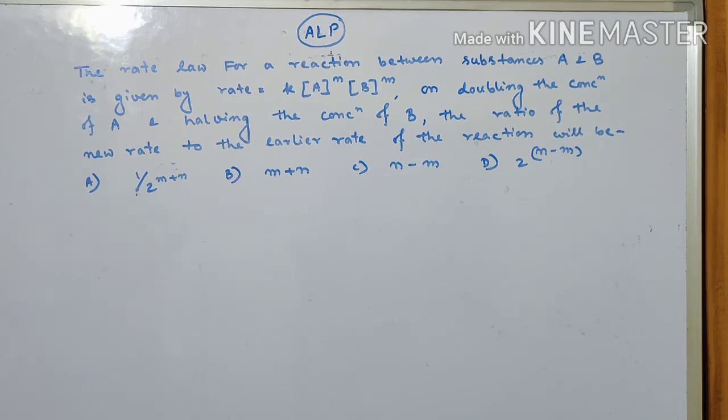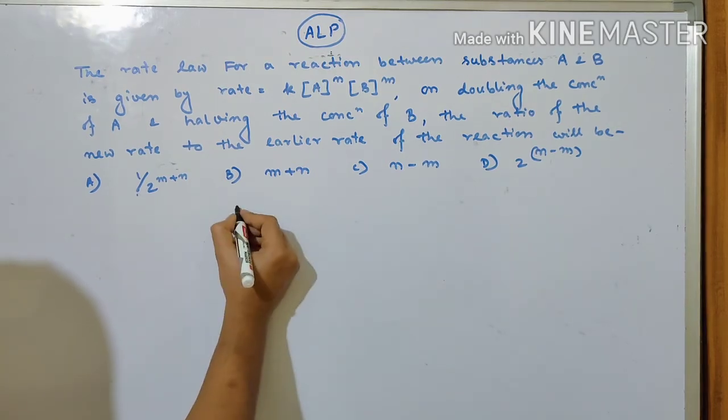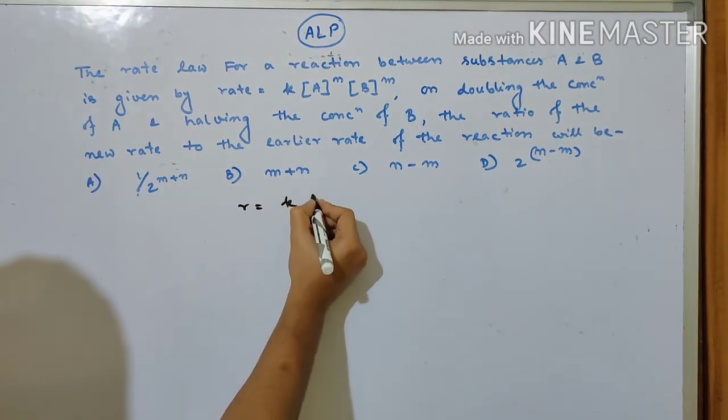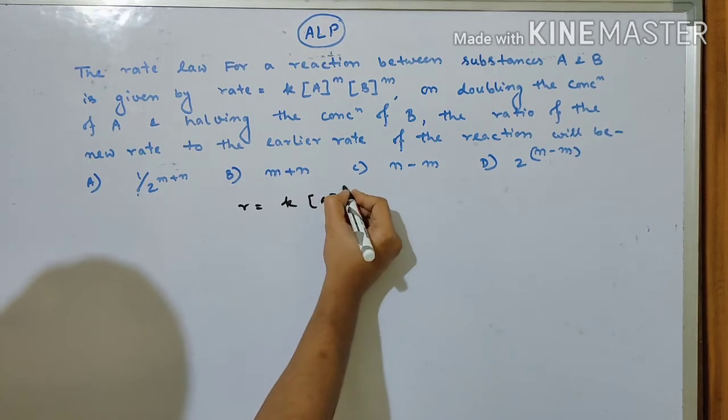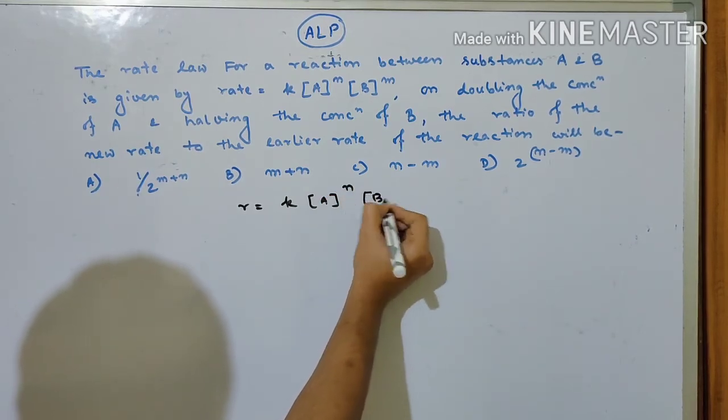So read the question once again. We have faced similar problems, but there the values were given. Here, instead of the numerical values, expressions are given. So rate is equal to k into a to the power n and b to the power m.